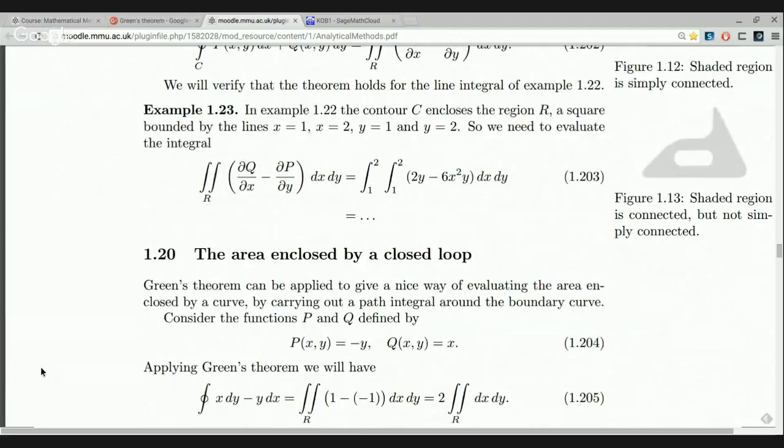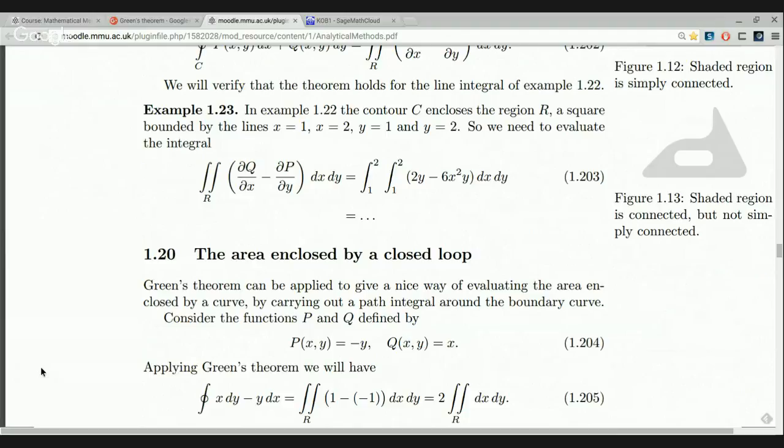So let's have a look at that now. Example 1.23. From 1.22, we get the integral around the closed curve C of p dx plus q dy came out to be minus 18. So we'll expect the same answer for doing this integral over the region.